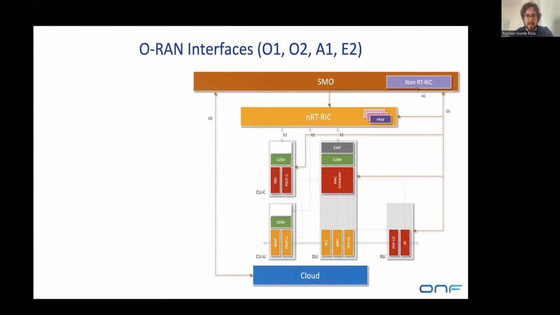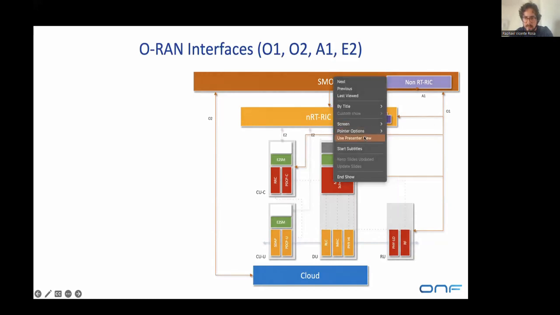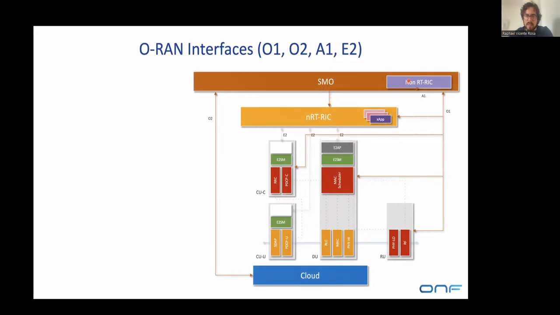These interfaces relate to the different components from the service management and orchestration in the northbound interface, and from the non-real-time RIC to the near-real-time RIC, such as the A1 interface that specifies the policies, enrichment information, and even machine learning models to be transported from the non-real-time RIC to the near-real-time RIC. We also have the definition of the O1 interface from the SMO to the components for the FCAPS definitions.